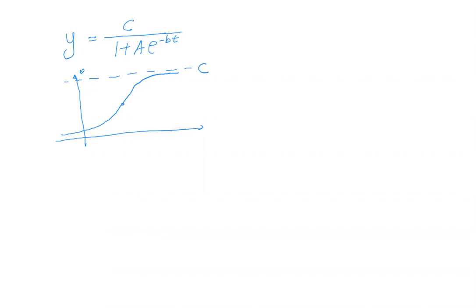Where is the inflection point? Halfway. And this is, I think, ln A over B. Right? Do you know how to get the derivative for this? Do you know how to show that the upper limit is C?